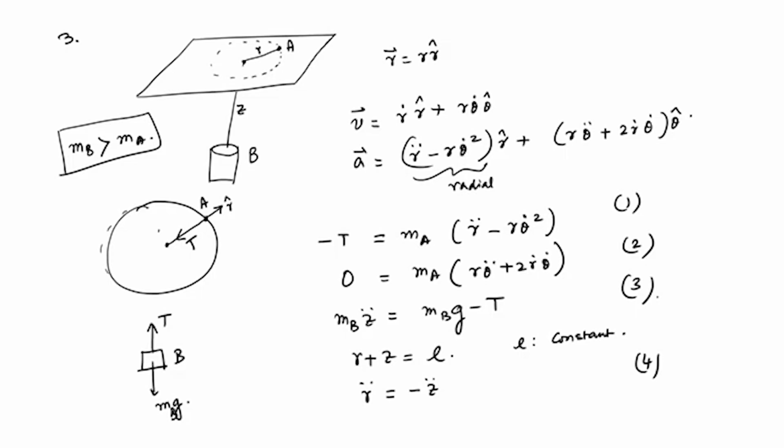So, one can solve for z double dot, which is the acceleration of the mass B. This is equal to m_A r theta dot square divided by m_A plus m_B.